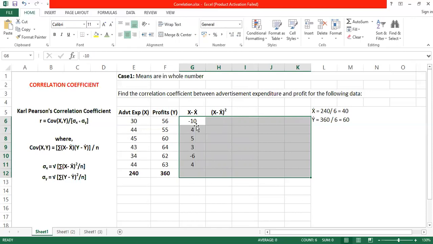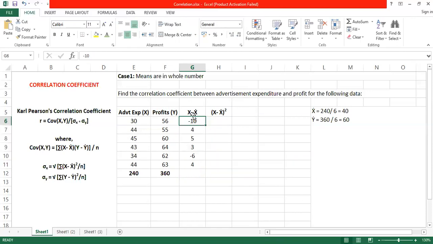Now, this is x minus x bar. Next column is x minus x bar whole square. So minus 10 square is 100. 4 square is 16. 5 square is 25. 3 square is 9. Minus 6 square is 36. 4 square is 16. Now add it up. So this is our x minus x bar whole square, right?